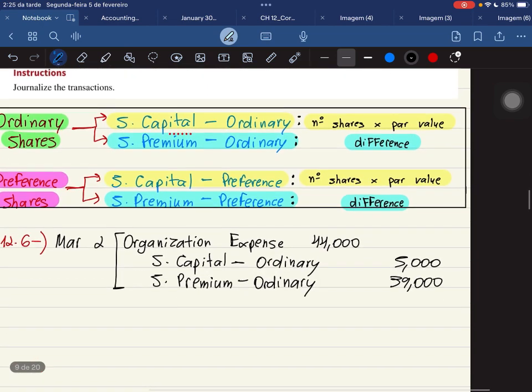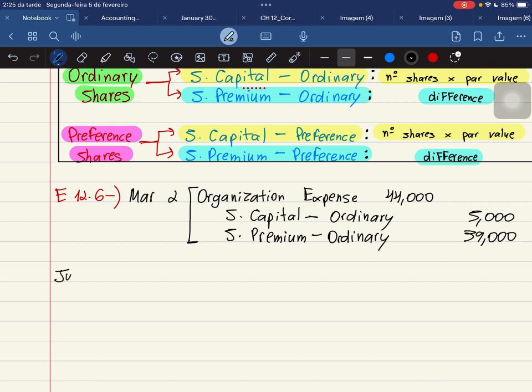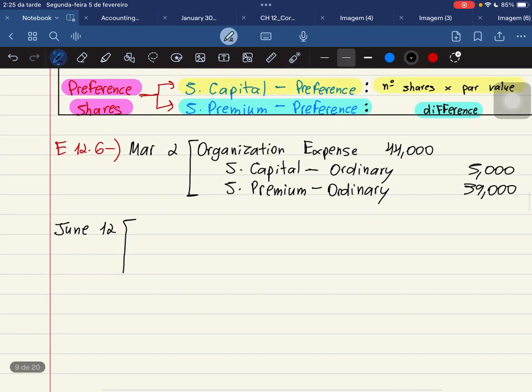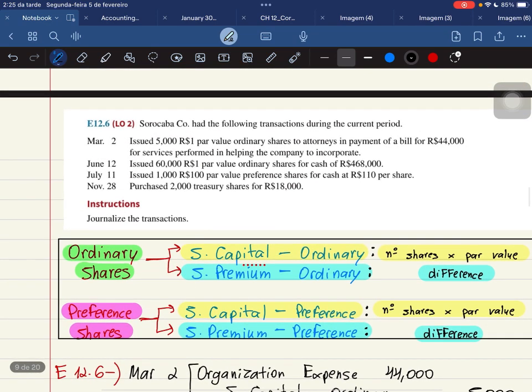Okay, second one was an entry from June 12th. Issued 60,000 real par value ordinary shares for cash of 468,000 reais. Okay, so in this case we issue them for cash, so our cash has to go up. And over here, let's take a look.